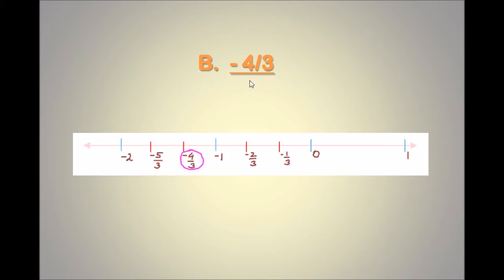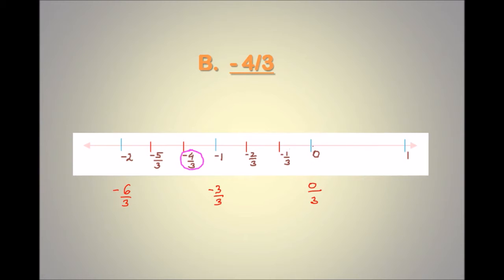And -4/3 will be lying between this range -1 and -2. Now since the denominator is 3, we can represent every integer with denominator as 3. So 0 will be 0/3, -1 will be -3/3, and -2 will be -6/3.